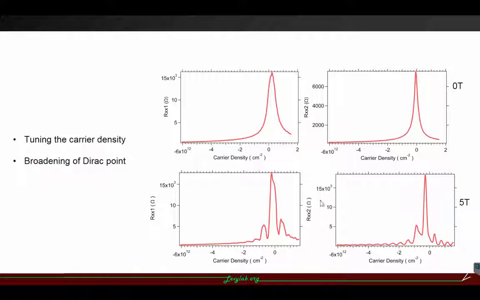So here we have longitudinal resistance as a function of carrier density at 0 Tesla and 5 Tesla. From these graphs, we can see that after the writing, we are able to tune the carrier density and broaden the Dirac point.